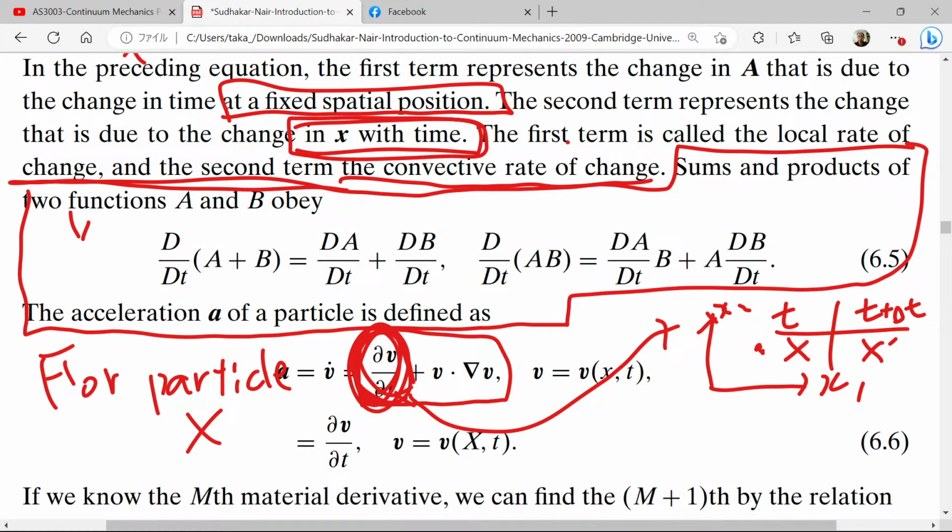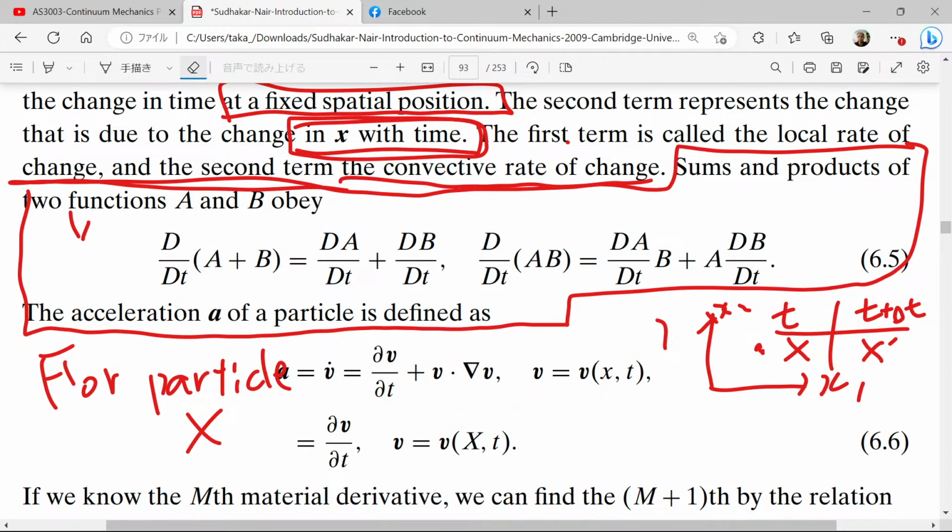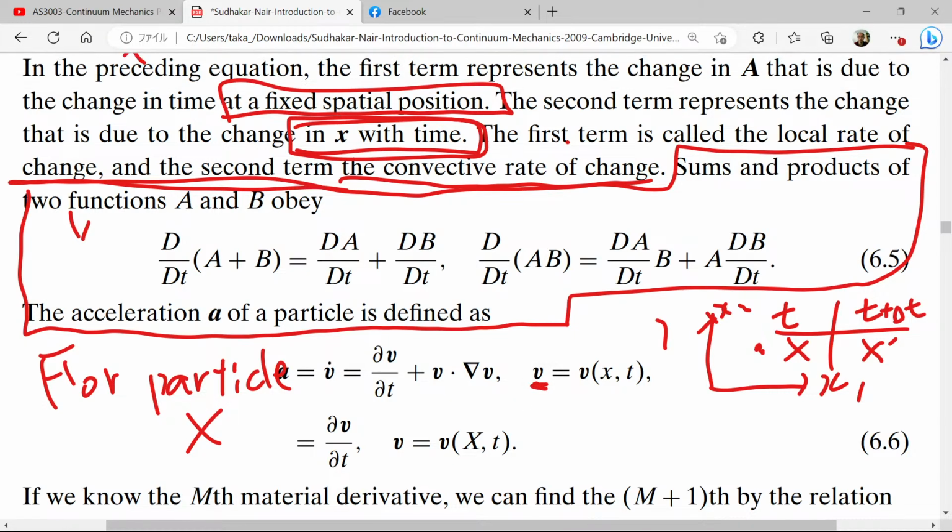Then this says, okay, V. It's so strange. This V, this is the same V. Both V are velocity.